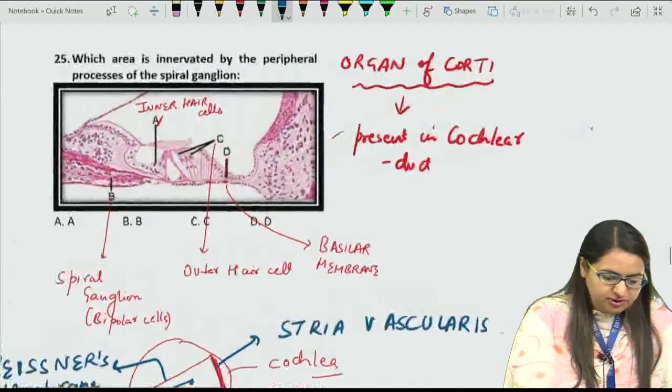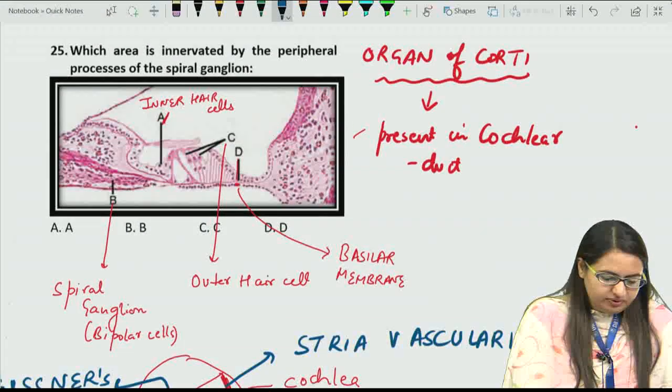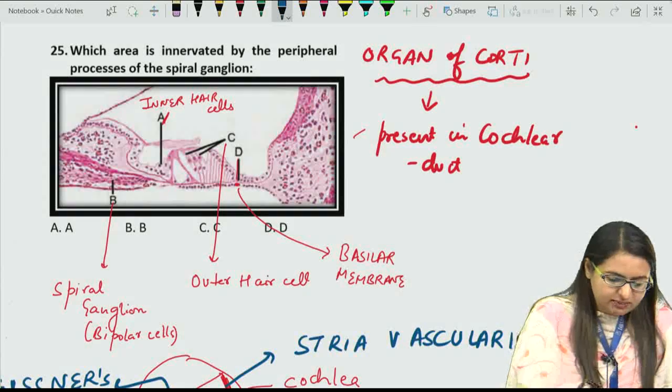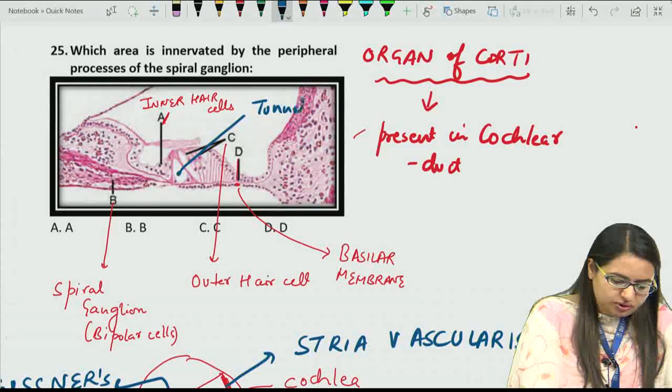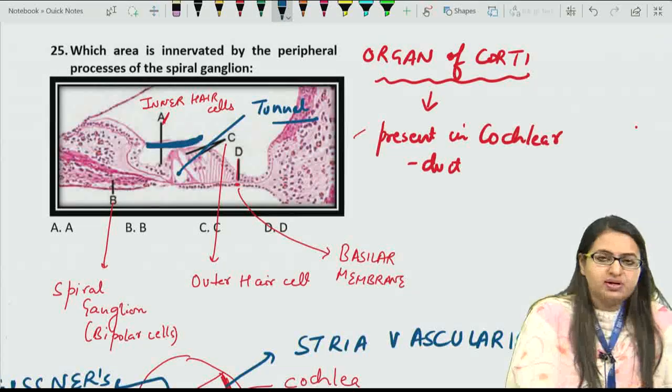So in this portion we have the inner hair cell and outer hair cell, resting on the basilar membrane. This portion shown over here in the organ of Corti is termed the tunnel of Corti, and a membrane-like structure is present over this, known as the membrana tectoria.